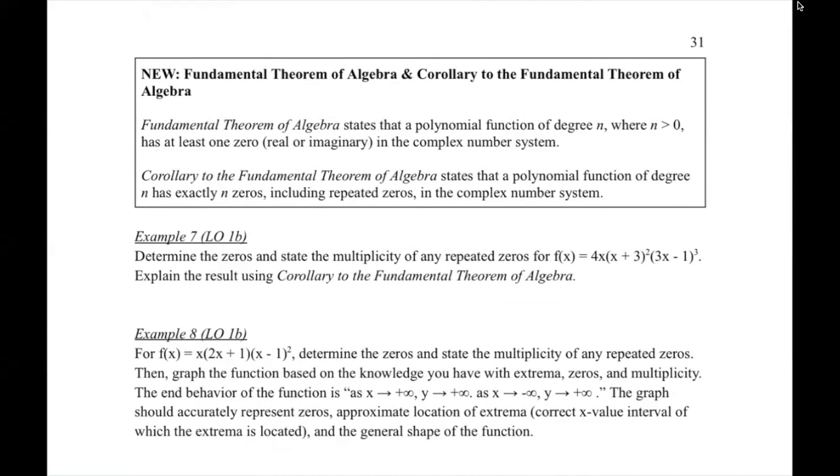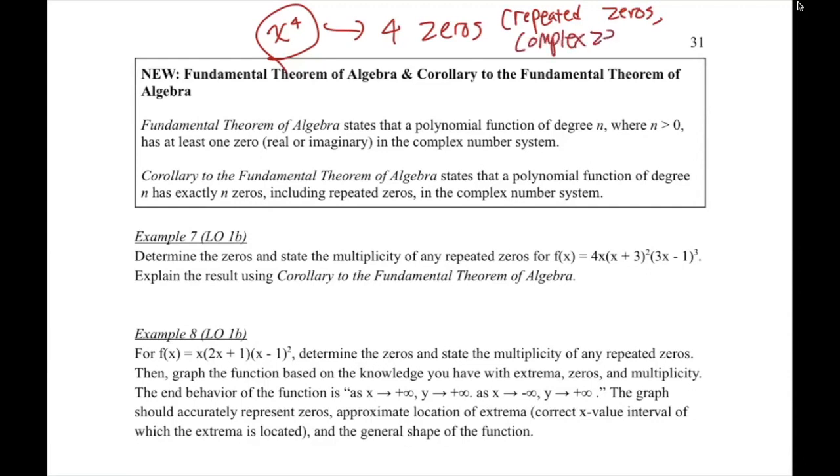So for instance, what this is saying is if we have a quartic function, this has to have 4 zeros. However, these 4 zeros can include repeated zeros, as well as complex zeros. For instance, for the function y equals x to the power of 4, this function has only one distinct zero.